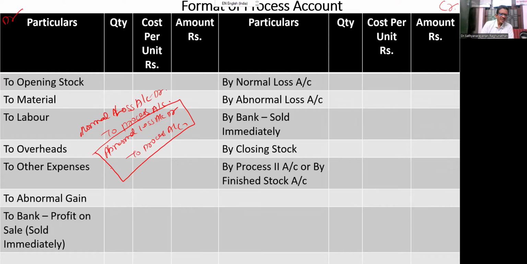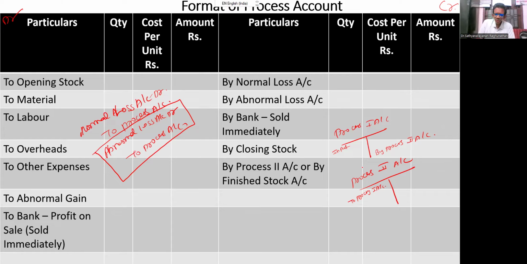Now, suppose there are two process accounts, process one account and process two account. The output of the process one account will be the input of the process two account.